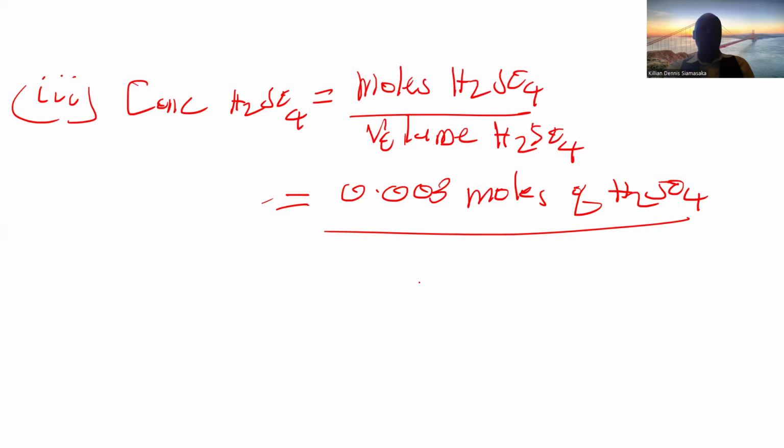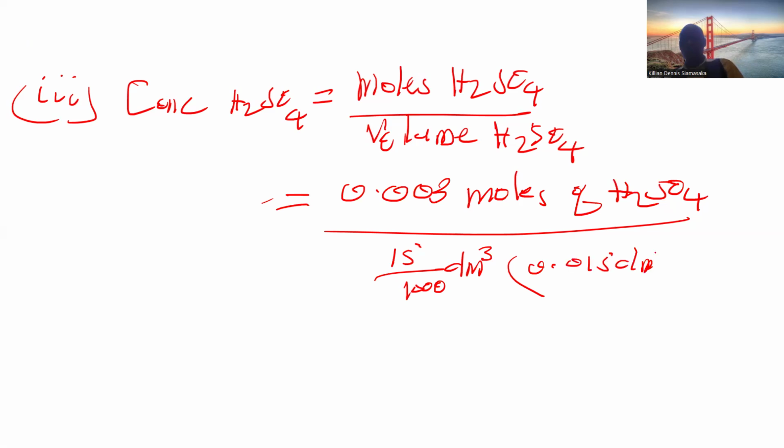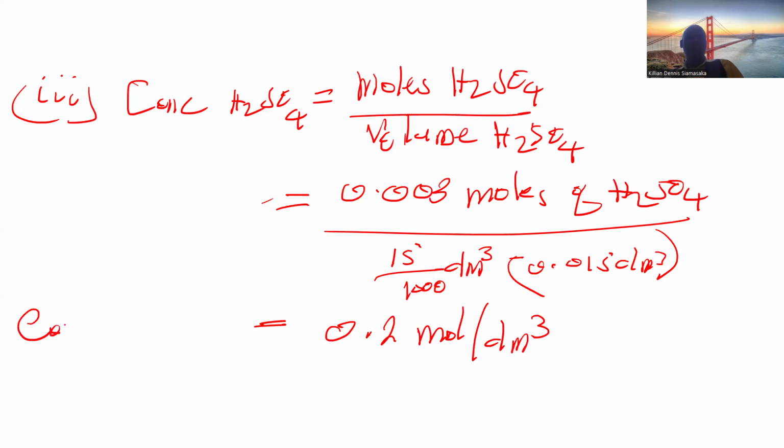And therefore, we are going to divide by 15 over 1,000 cubic decimeters, which is the same as 0.015 cubic decimeters. So what you get is 0.2 moles per cubic decimeter. This is the concentration of sulfuric acid.